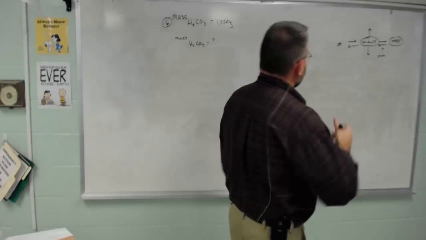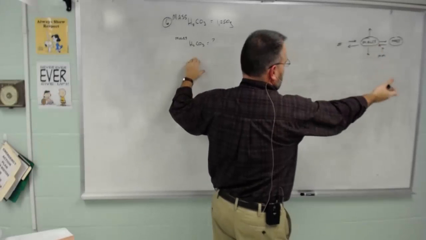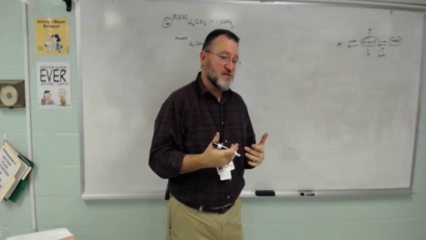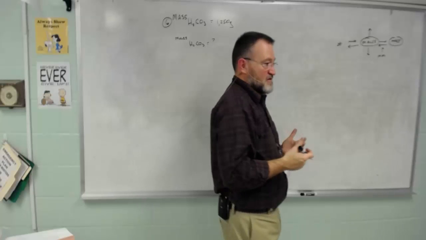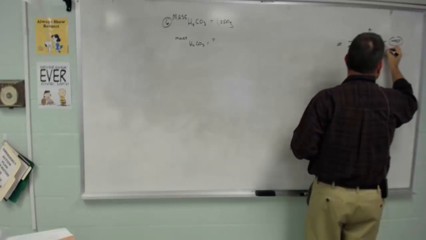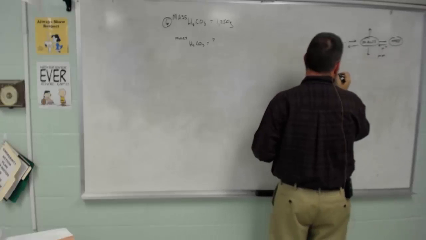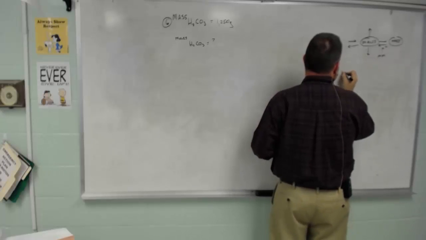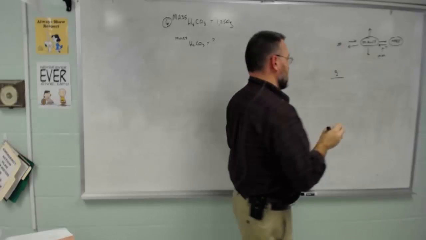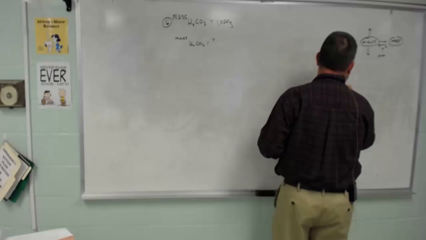To go from a mass to moles, let's make sure we do it right. Are we going to multiply by the molar mass, or are we going to divide by the molar mass? Divide by. Very good. So in this case, it's divided by the molar mass. Let's see if that makes sense, because I'm going to have grams divided by the molar mass, which is in the form of grams per mole.